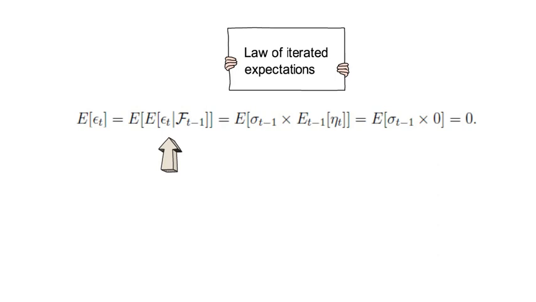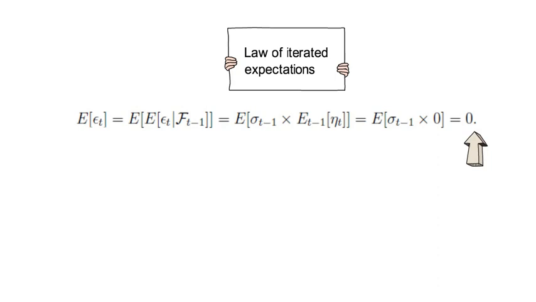Since you have to evaluate the conditional expectation of epsilon t, you end up with the unconditional expectation of the product of sigma t minus 1 times the conditional expectation of eta t as of t minus 1. Note here sigma t minus 1 is measurable as of t minus 1, so I can take it out of the conditional operator. Now, the conditional expectation of eta is 0, and therefore the entire product is 0. So I found what I wanted to find: the unconditional expectation of an ARCH(1) shock is 0.